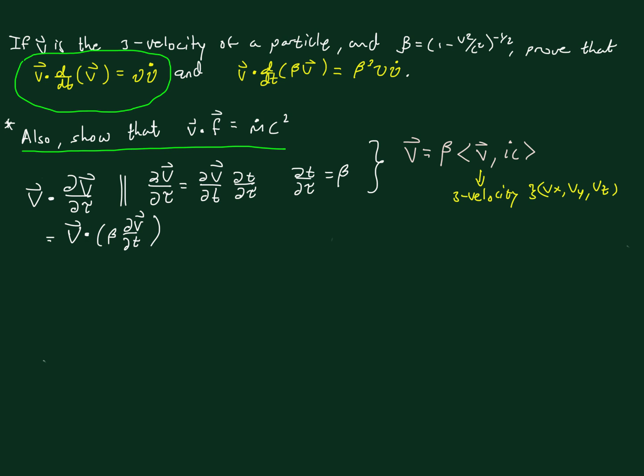So this gives us beta times the components of the forward velocity, v comma ic, dotted with beta times dV/dt, which I'll write simply as d/dt of v comma ic.